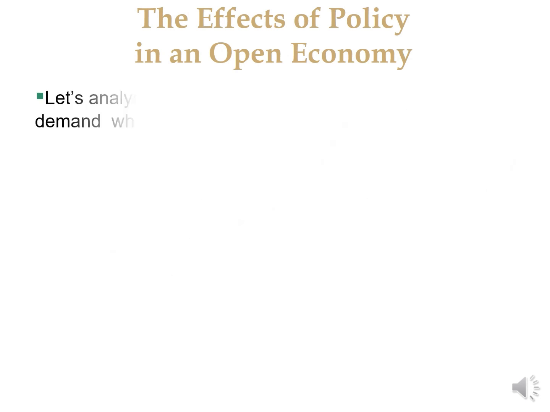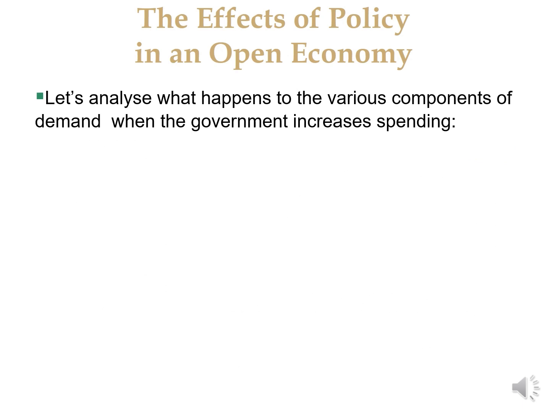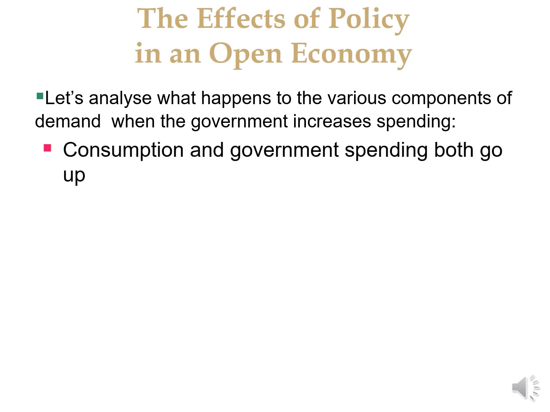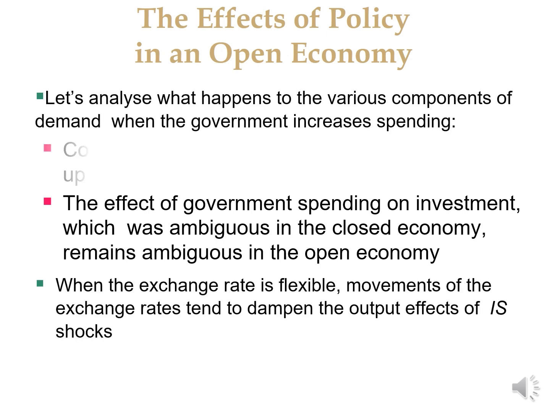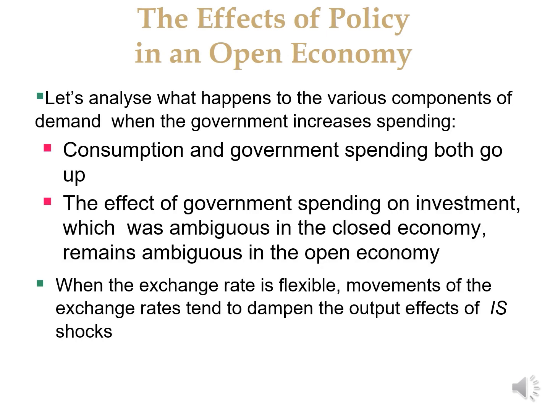So let's analyze what happens to the various components of demand when the government increases spending. Consumption and government spending both go up. The effect of government spending on investment, which was ambiguous in the closed economy, remains ambiguous in the open economy. When the exchange rate is flexible, movements of the exchange rate tend to dampen the output effect of IS shocks.